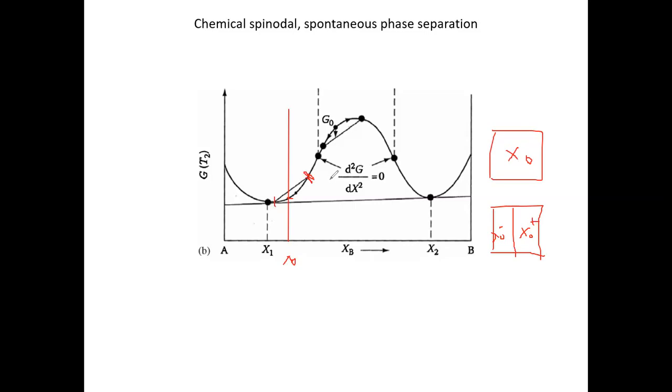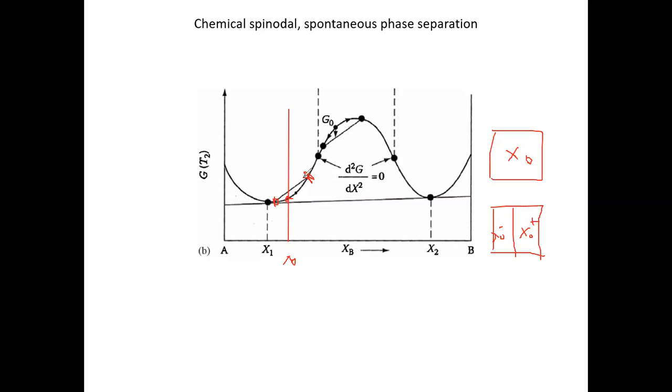Now, if I choose my X naught to be here, and I still have this fluctuation for my system to have a small separation, does this fluctuation increase the free energy or decrease the free energy? Again, initially my free energy is this point.